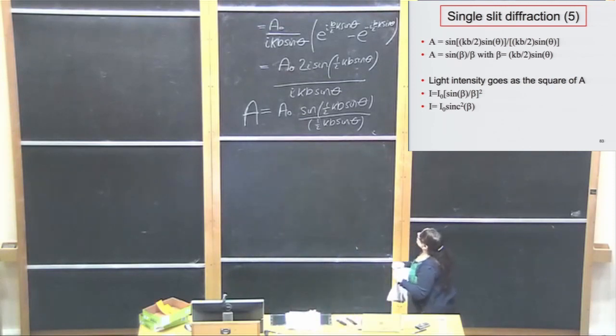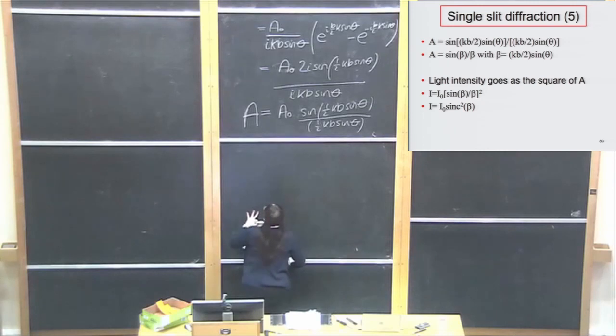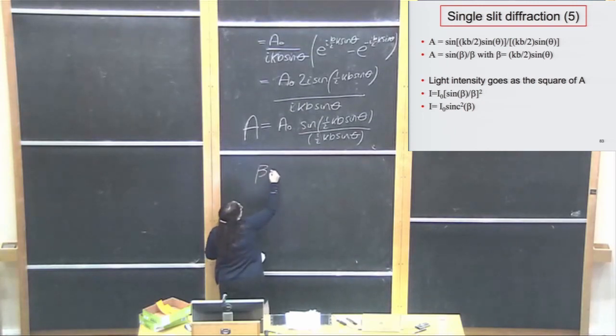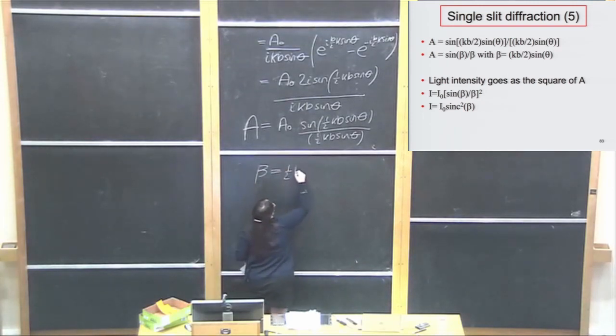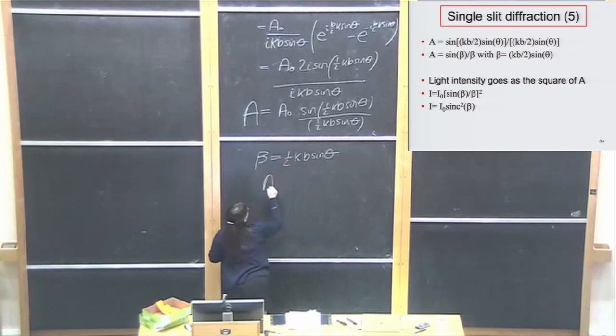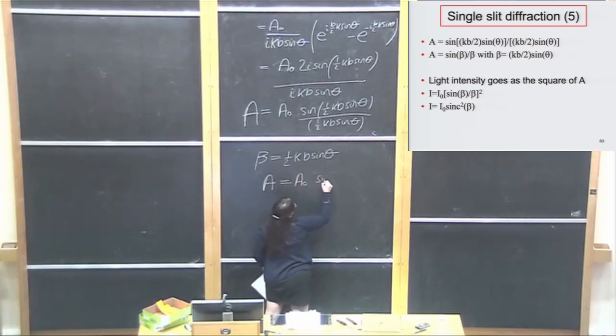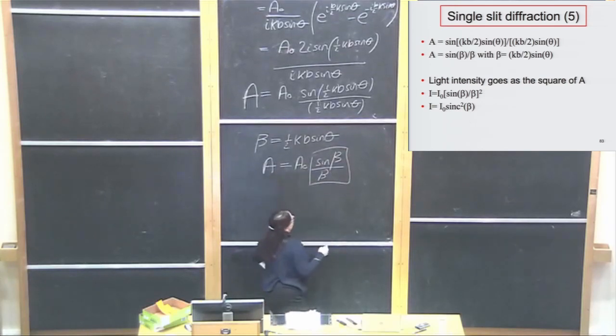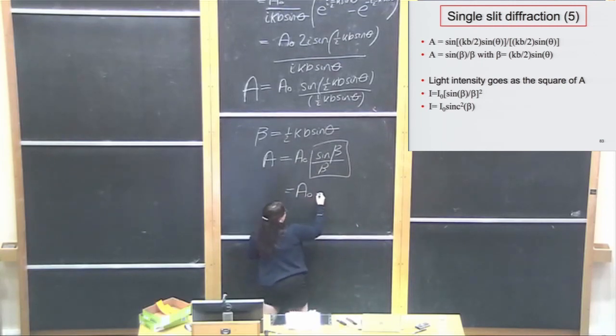Right, so as the slide says, just to save us a little bit of writing, let's call this half kb sine theta beta. So I've got A equals A naught sine beta over beta. I expect many of you will recognise this function. You've probably had to plot it in your time. Sine x over x, and it has a name.